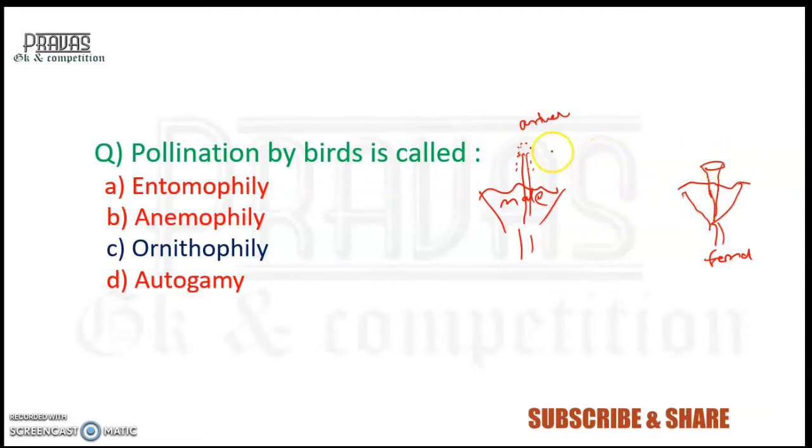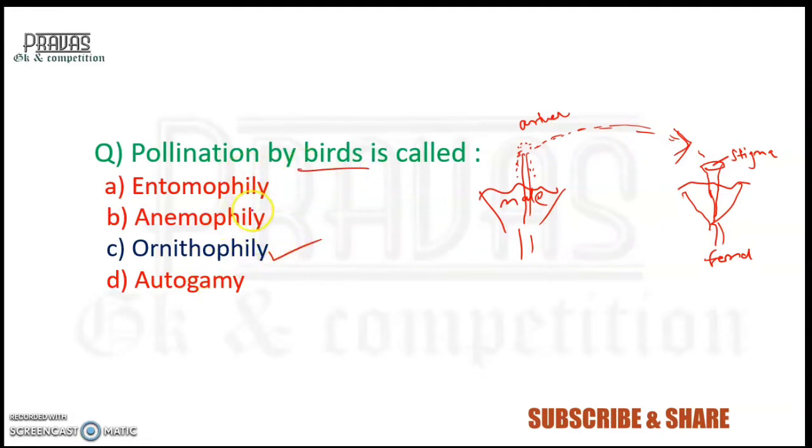These pollen grains are transferred to the stigma of the female flower. This part is called the stigma. This process is called pollination. So the definition of pollination is the transfer of pollen grains from the anther of a male flower to the stigma of a female flower. If the pollination is done by birds, it is called ornithophily.